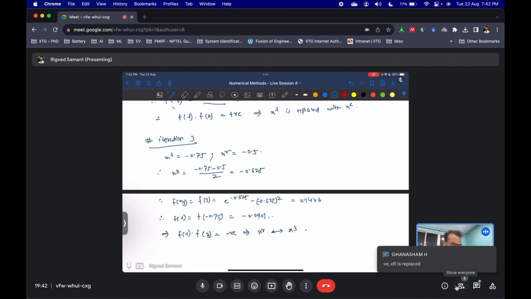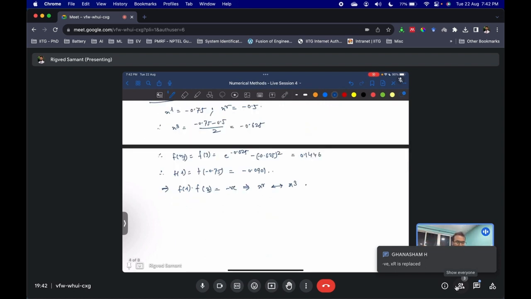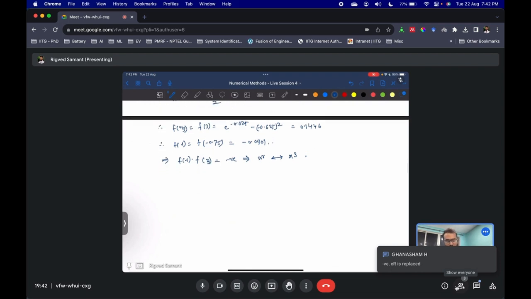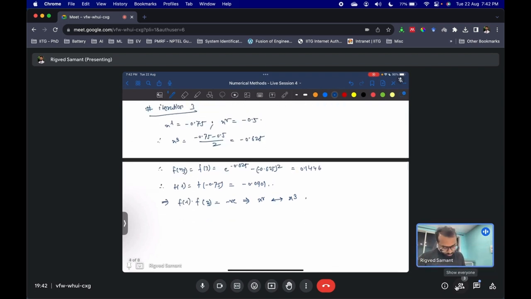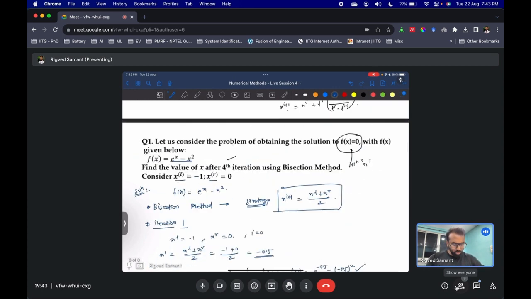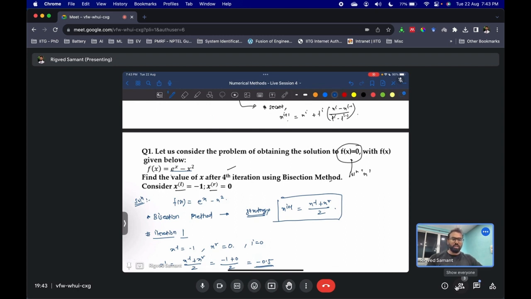So you get the gist of how to proceed with this, right? You will have to iterate it one more time to get the final value, because the question itself asks you to solve till the 4th iteration.